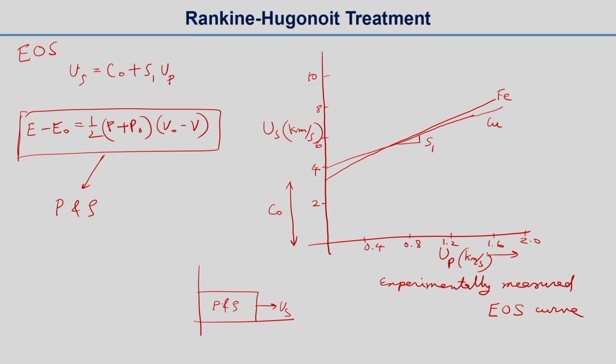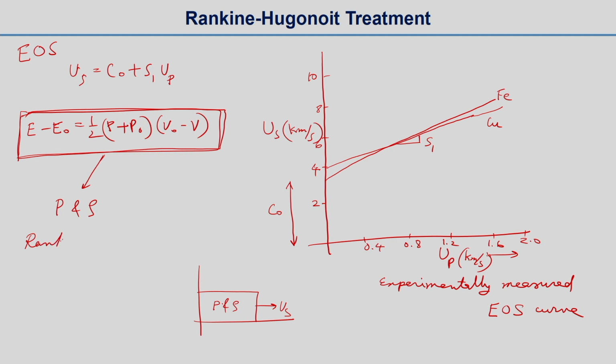So, this equation, which we derived earlier from all the conservation equations, this relationship between P and rho is called Rankine-Hugoniot relationship, or it is called only Hugoniot.